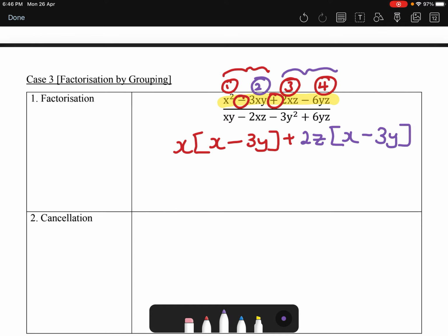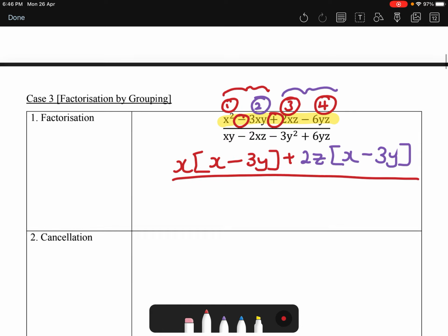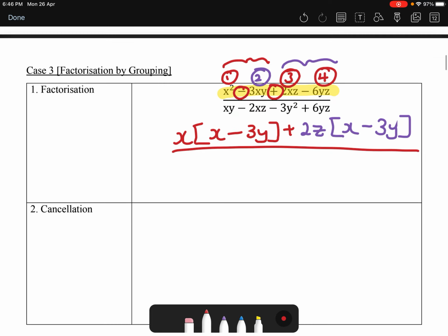Okay, then let's move on to the bottom. Bottom: xy minus 2xz minus 3y squared plus 6yz. Same thing, I put them in terms of my first, second, third, and fourth. So let me just write here.